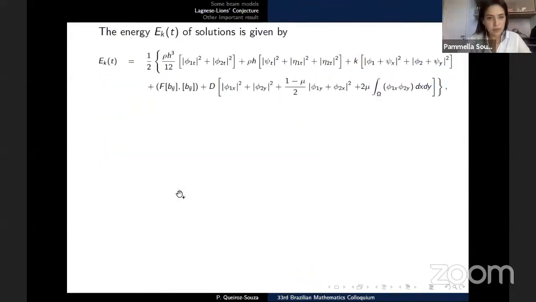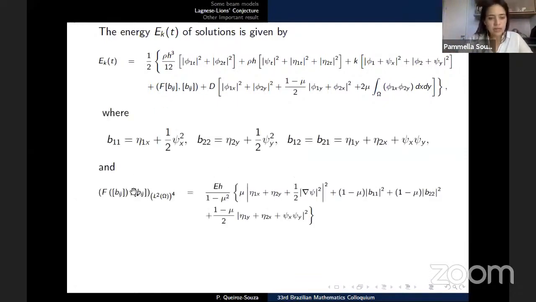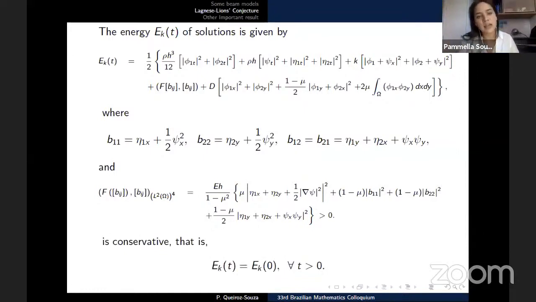Okay. As in the previous case, the energy of the solution is given by this expression, and here you can see the full expression for the other terms. And as in the previous case, the energy for this system is conservative. It means that this expression holds.